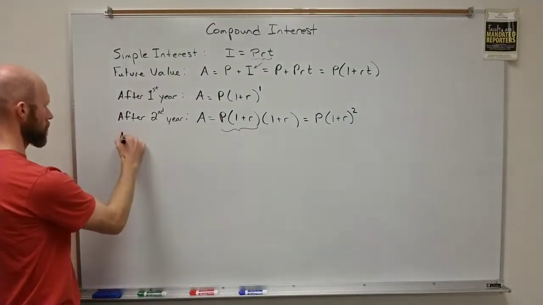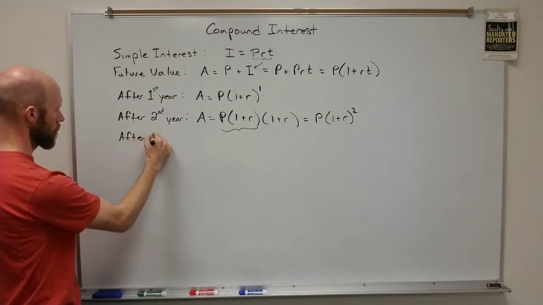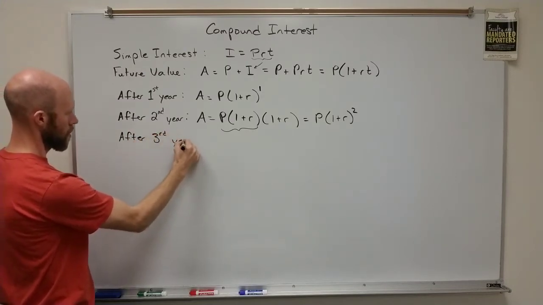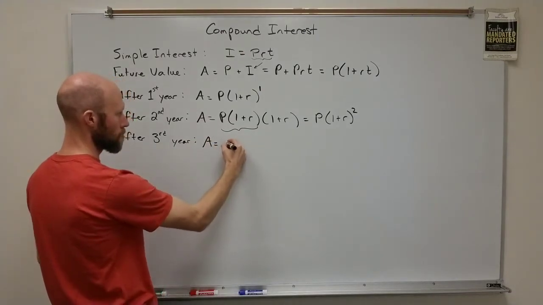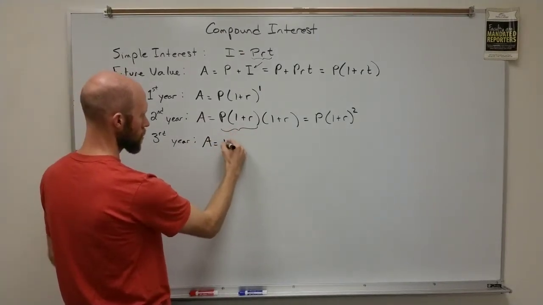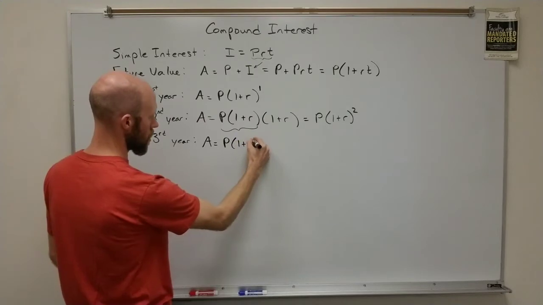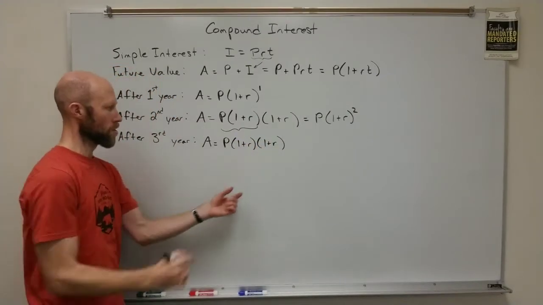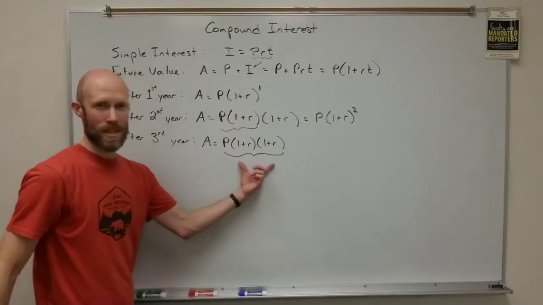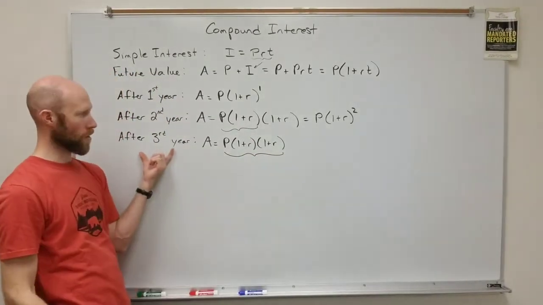Now, if I were to do this after the third year, you can kind of see how this is going to build up. The new principal is P times 1 plus R times 1 plus R. That's what's in the account beginning the third year.